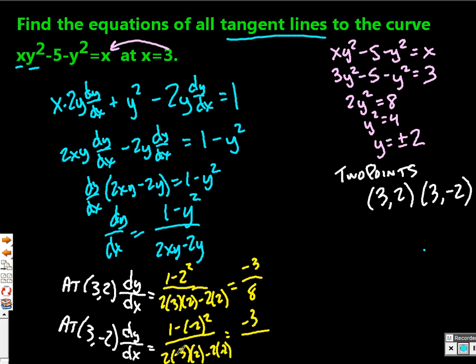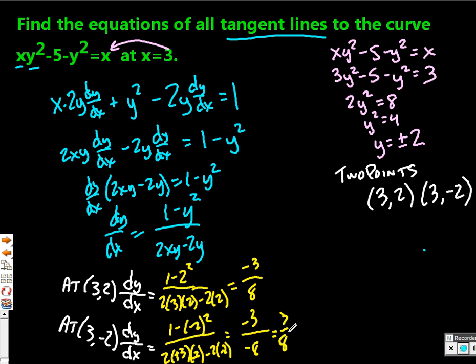Helps if I make the right thing negative. It's still positive 3, but it's negative 2. So negative 12 plus 4 is negative 8. So that then becomes 3 over 8.